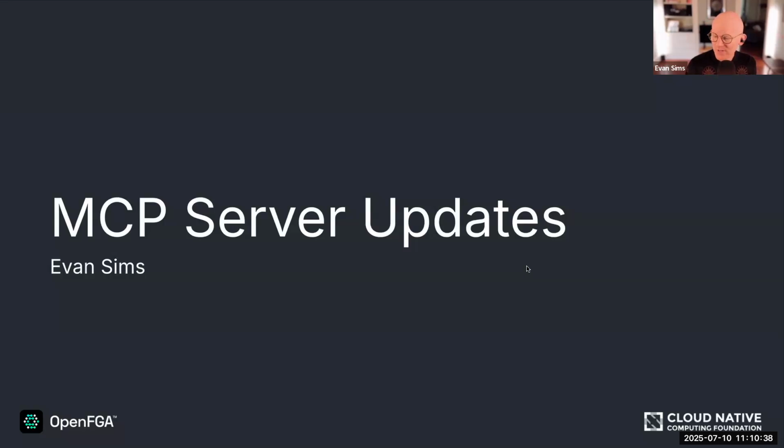It's been completely rewritten, with a new architecture, full OpenFGA API support, and it supports the latest MCP spec, which just came out at the end of last month. Check it out if you haven't yet. Really cool stuff there.